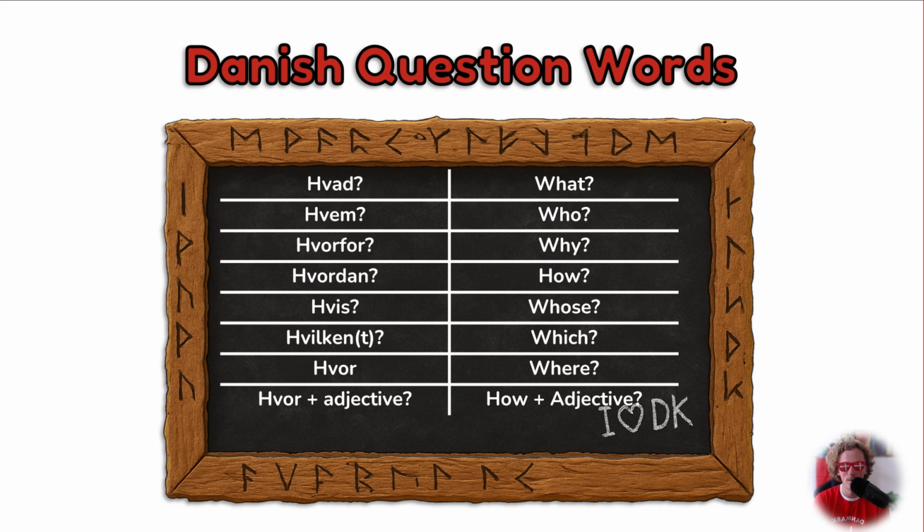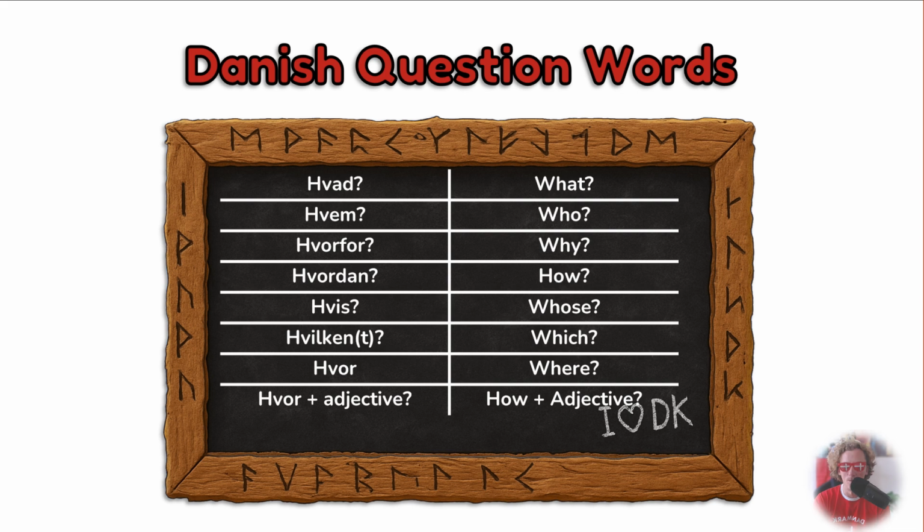Hvor means where. And lastly, if we want to ask, for example, how yellow do you want it, or how strong do you want it, we can ask hvor plus an adjective, so hvor gul, or hvor stærk. Stærk means strong.